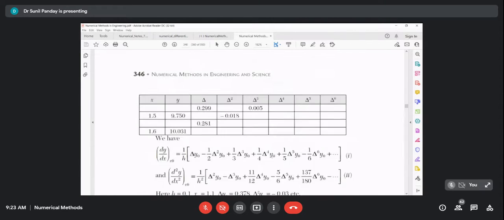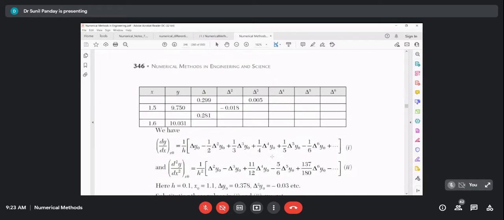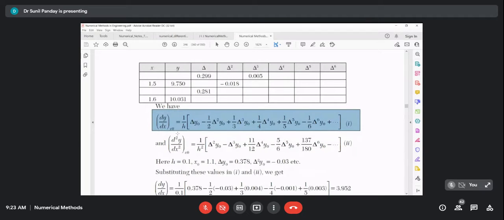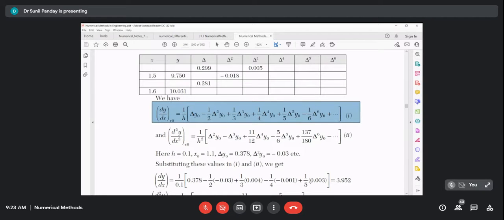Now the formula for the derivative at the initial point x equals x naught is this one. So dy by dx at x naught is 1 upon h times delta y naught minus 1 upon 2 delta 2 y naught plus 1 by 3, like this. Now you can observe one thing.